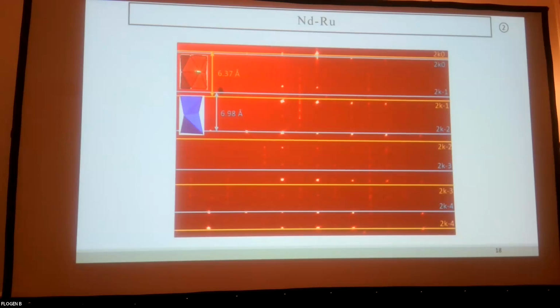So the period for the square antiprisms and the tetrahedra is similar to what is found in the yttrium-ruthenium compound, but for what is here marked in yellow, this row of reflections matches up again, so here not, here not, here not, but here in the fourth row. And then in case of the tetrahedra, then again of the second row.